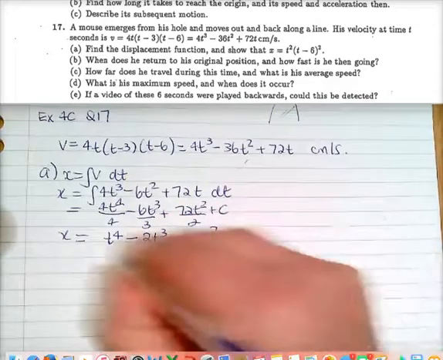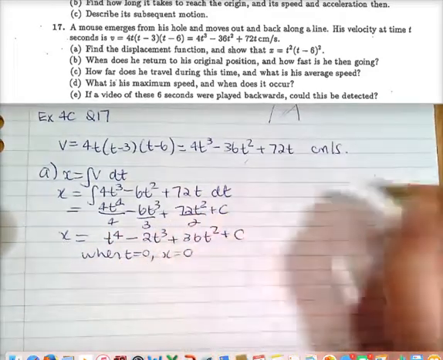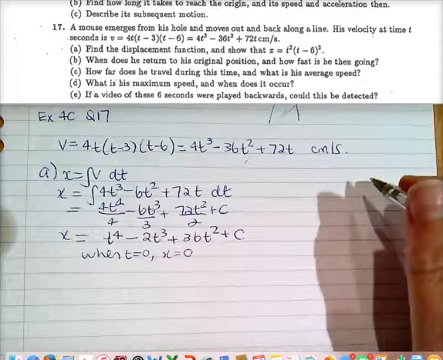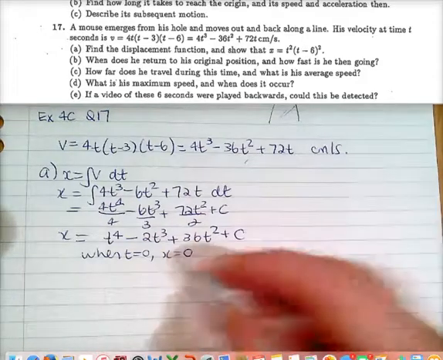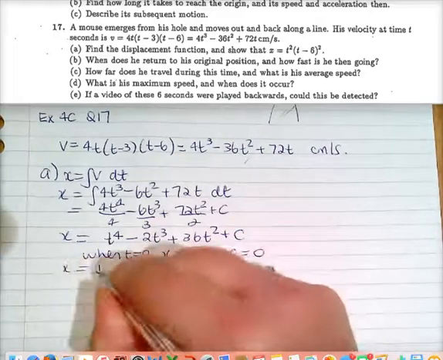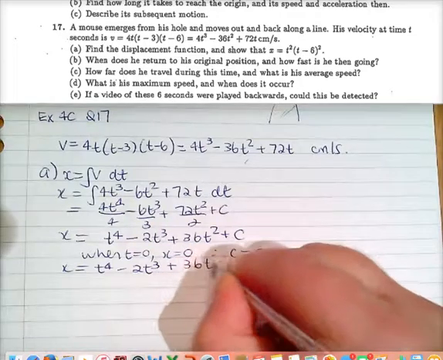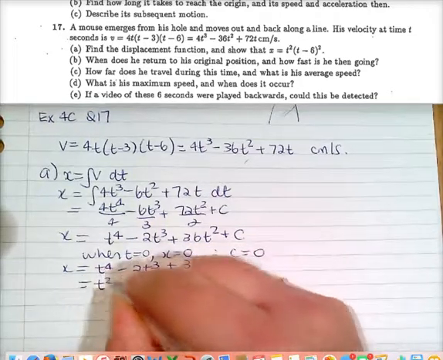Now we've got to assume that when time is 0, x is 0, that he's just emerging from his hole at time 0. That'll give us that c is 0, therefore x equals t to the power of 4 minus 2t cubed plus 36t squared. Now we can factor out a t squared.